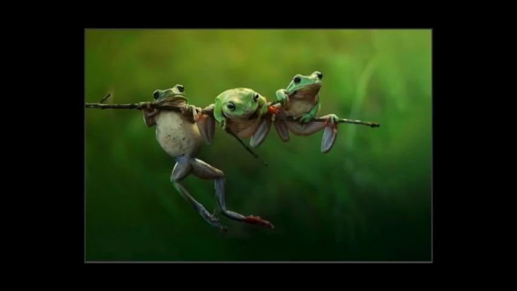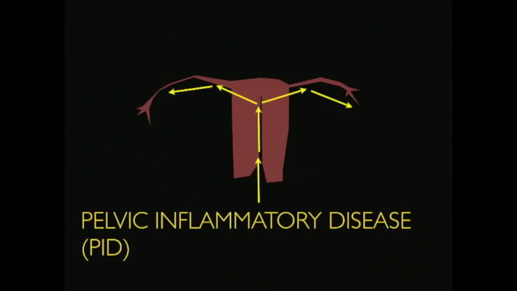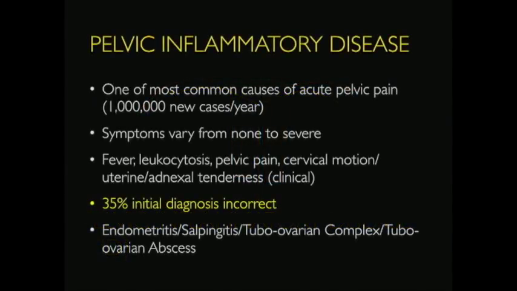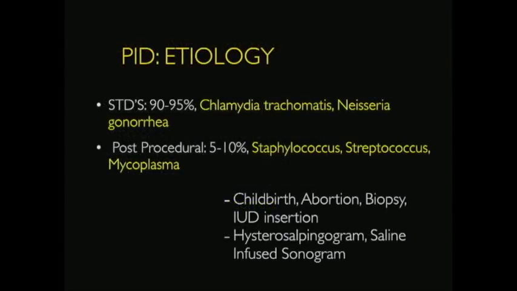Okay, so we're almost done. I just wanted to add one more entity here, which can be confusing, and we're not going to go into the details of PID. I just wanted to mention that 35% of the time, the initial diagnosis is incorrect. We have to remember the clinical history: there has to be a history of sexually transmitted diseases or some sort of intervention or procedure which can put the patient at risk of infection.